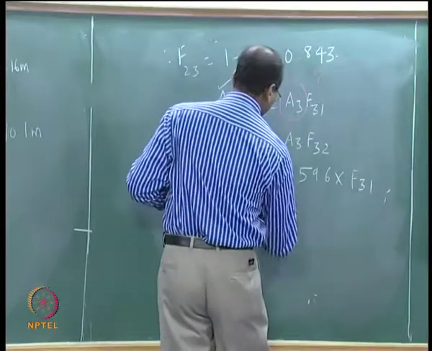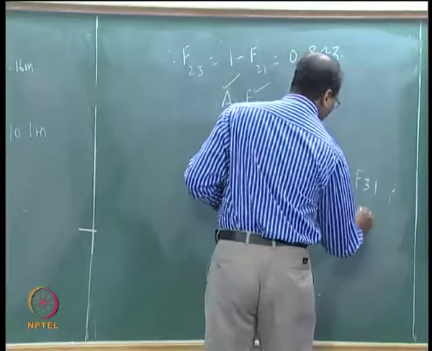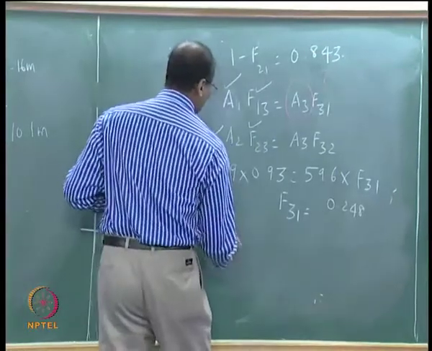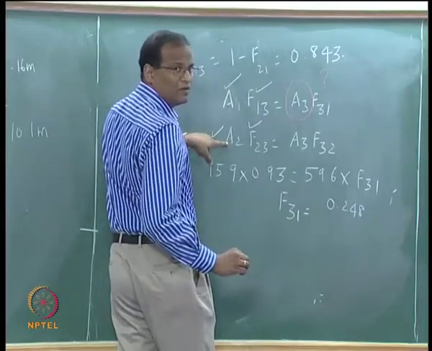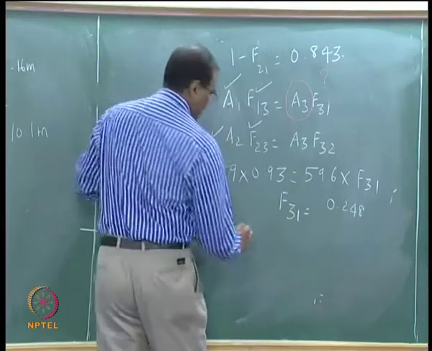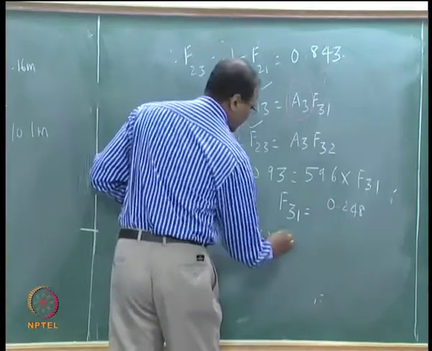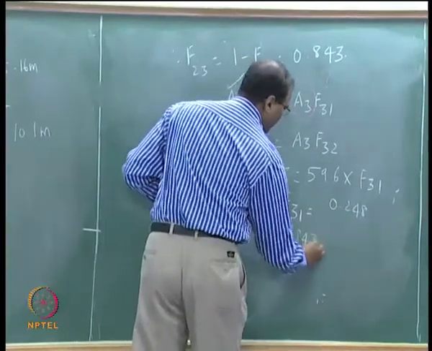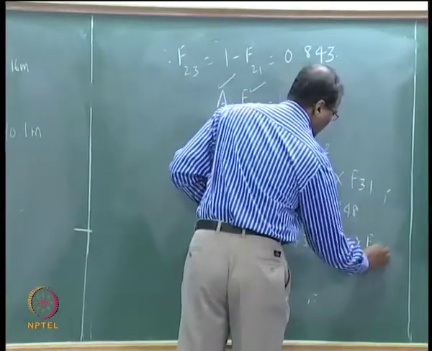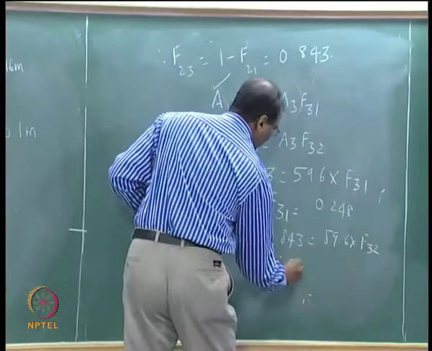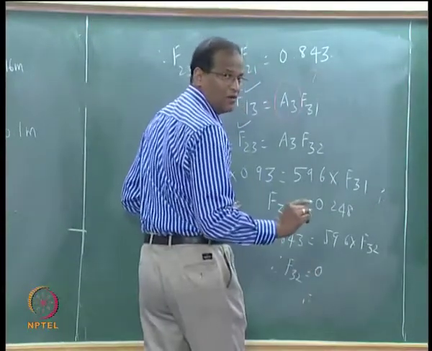F31 point, okay, very good. Similarly, A2 into F23, and F32 equals 0.1.